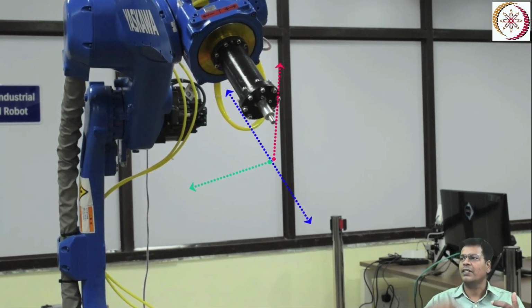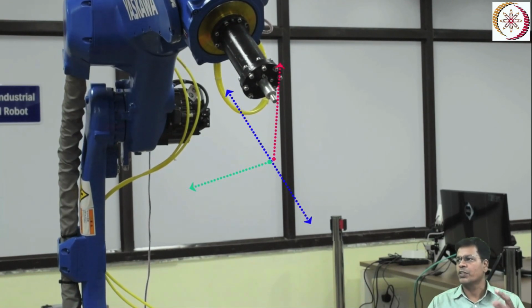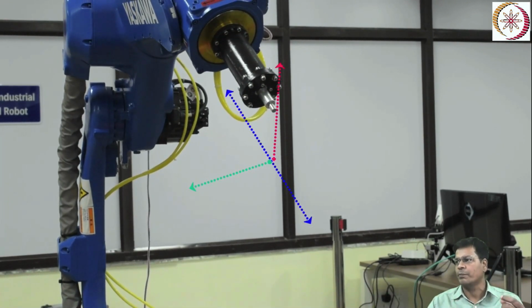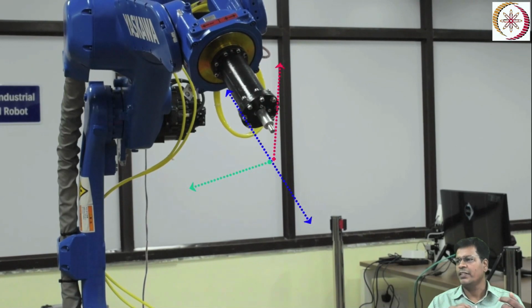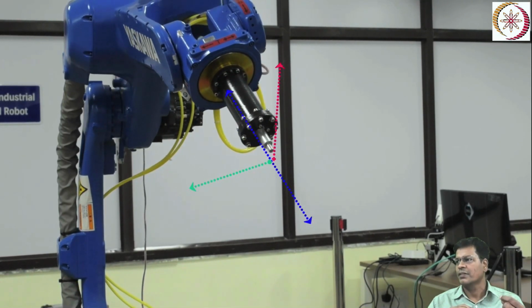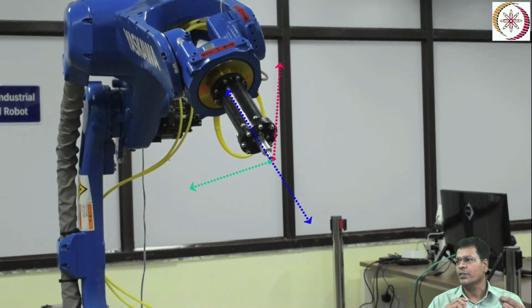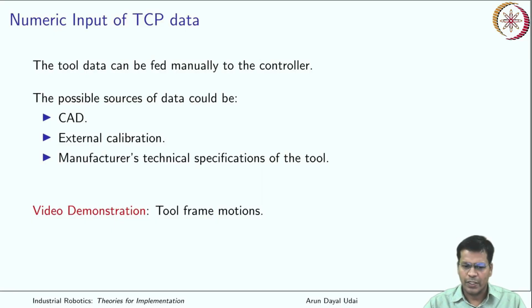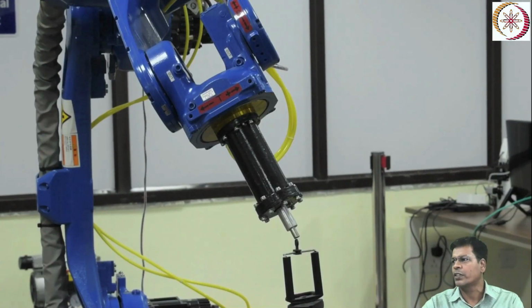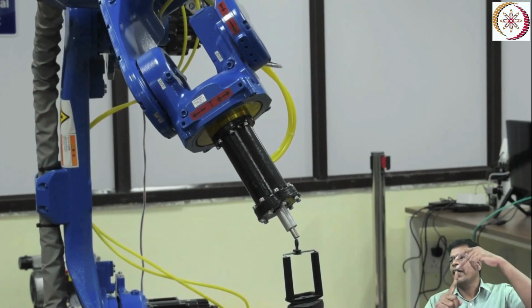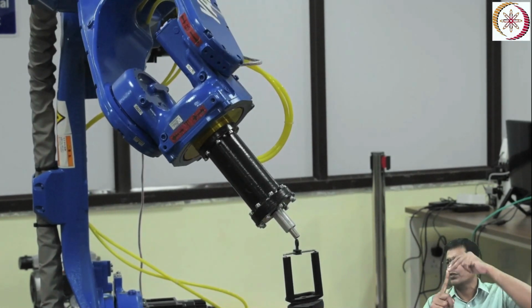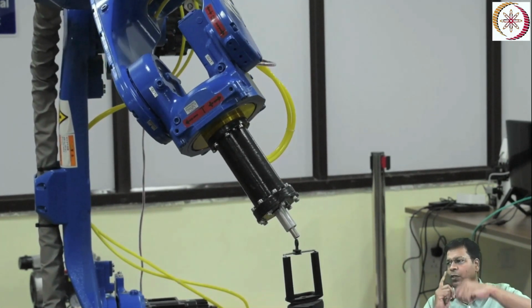This is yet another axis which is perpendicular to both of them. So the Z axis you have seen, that was the first one. Okay, so these were the three, and I'll also show you one more video which shows rotation about the tool tip. Intentionally I have kept a reference so that you can understand that it is rotating about it.